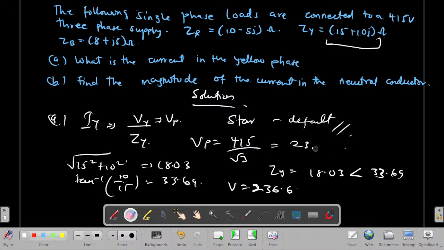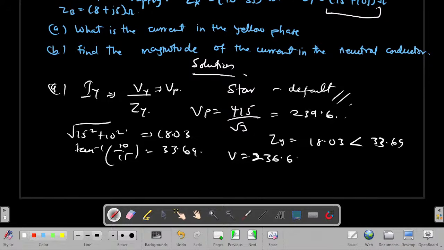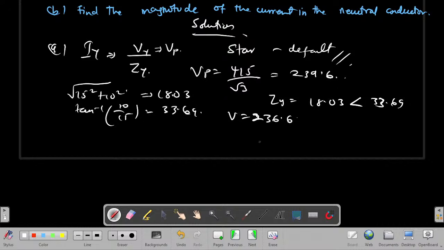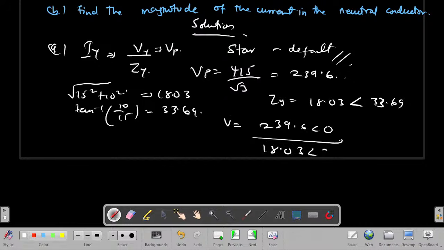So it's 239 rather than 39. So I'll have my voltage V equal to 239.6 over 18.03 angle 33.69.